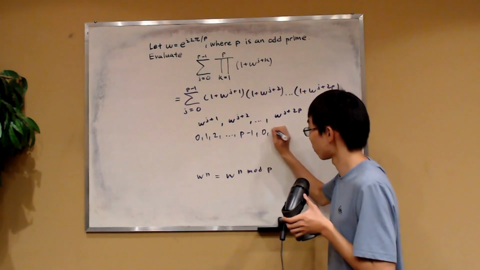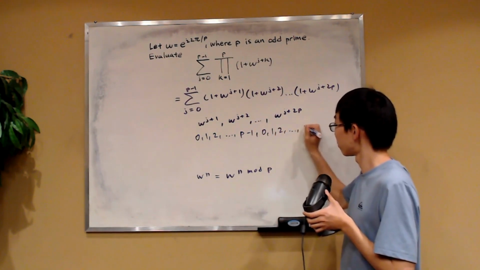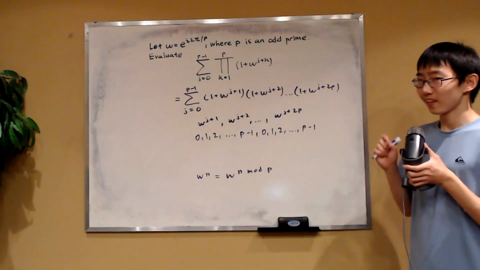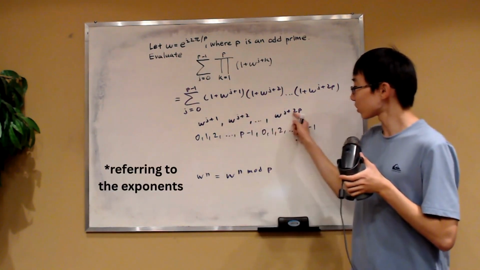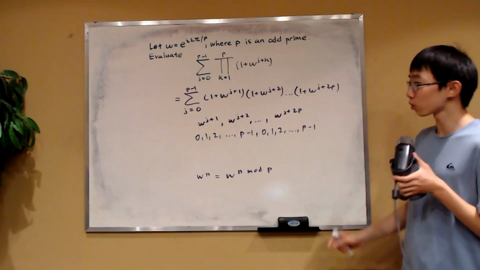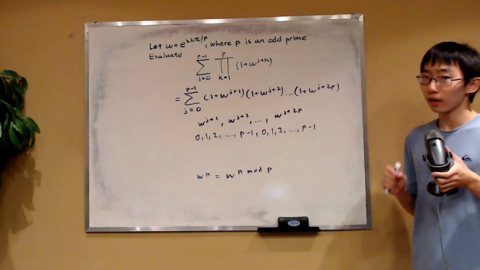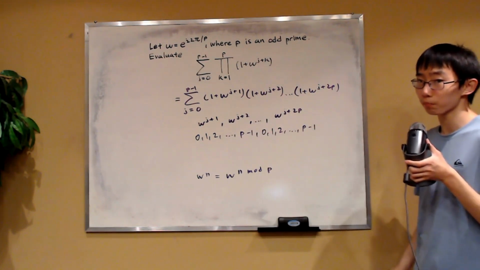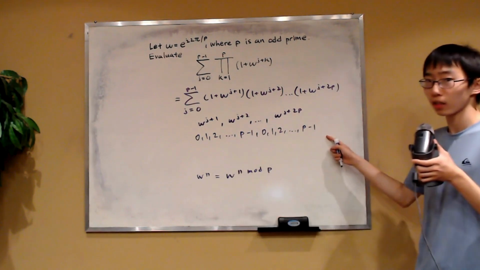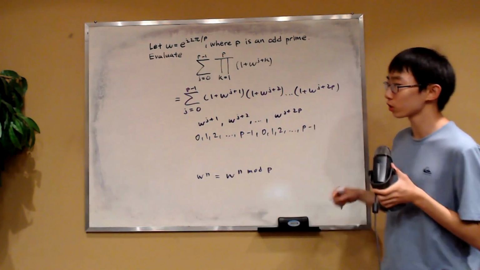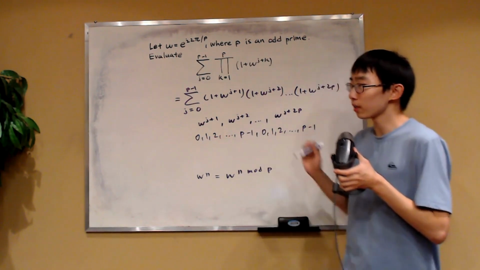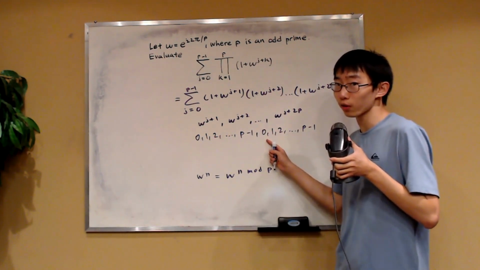Now, why is this? Well, consider that this is a sequence of 2p consecutive integers. So if you take the remainders when each of them is divided by p, then each modular residue mod p will appear exactly twice. So therefore, you get this sequence. Now, it might not be in this exact order, so maybe this j plus 1 might not be 0 mod p instantly, but it's going to be this sequence in some order.